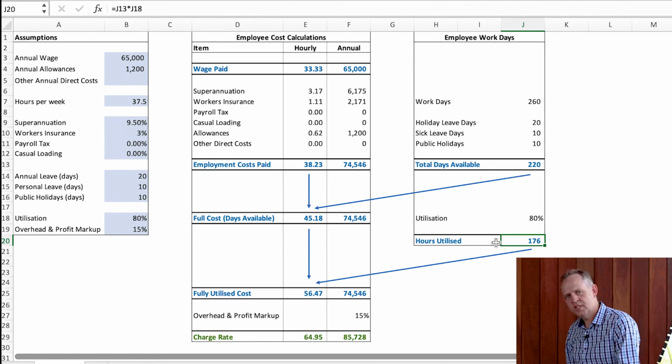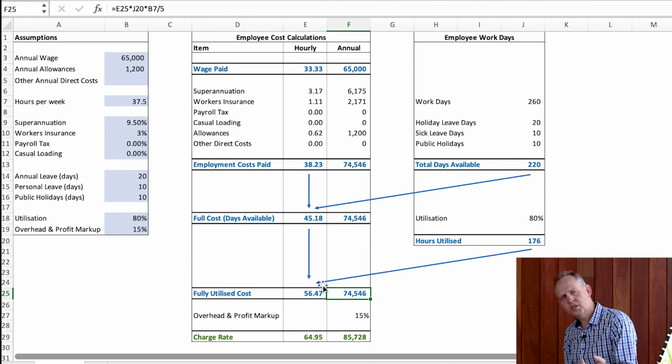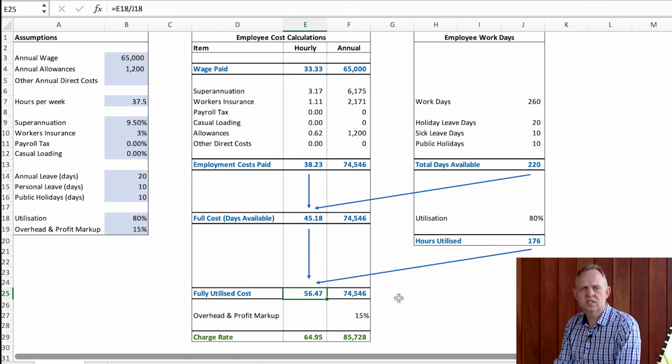So if you use that 176 hours, still based on they are paid $74,500 in terms of their total cost, that's what you're paying them as an employer. The cost to use an employer for those revenue producing hours equates to $56. So $56 is your fully utilized cost.